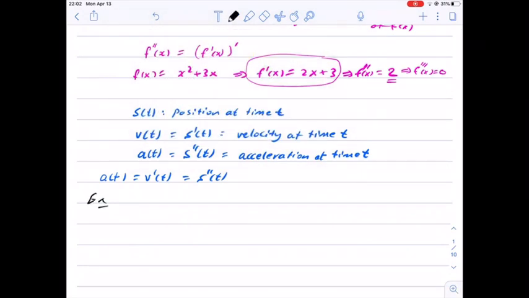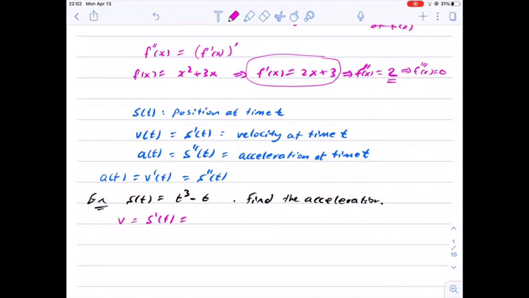For example, if we are given the position function s of t equals t cubed minus t, and we want to find the acceleration. To find the acceleration, we first find the velocity.